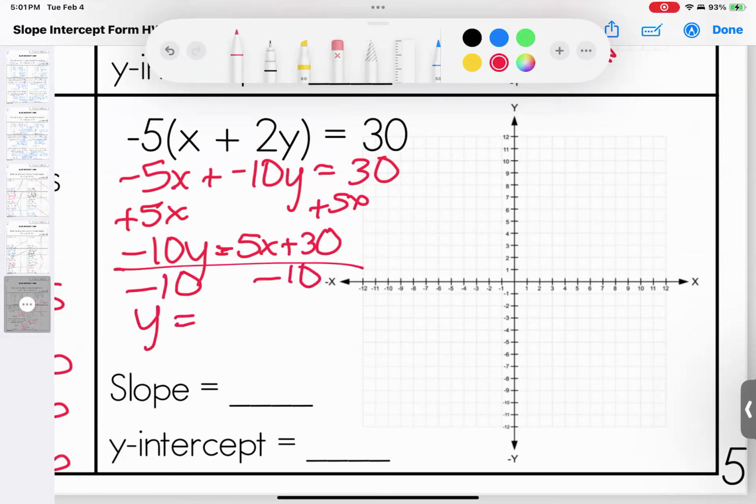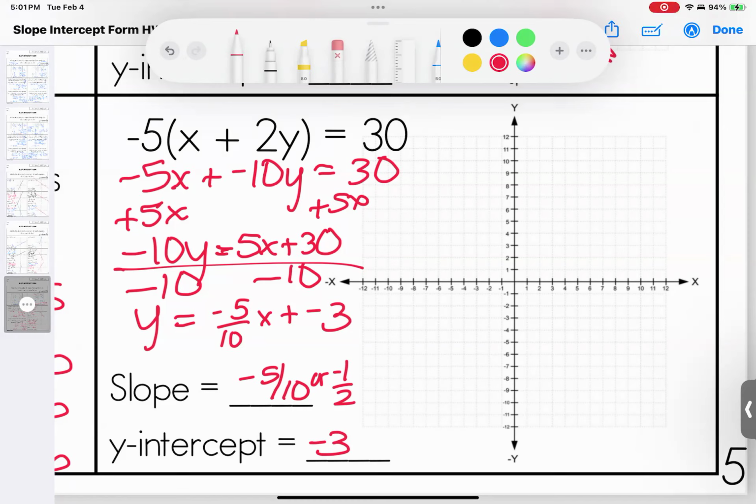Y equals 5 divided by our 10 is -5/10, or 1/2 x plus -3. You could leave it 5/10 or -1/2. It's just going to show more spots on the line, so it doesn't matter which way you do it.